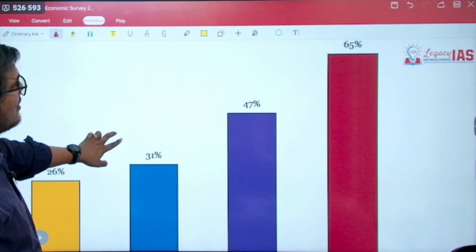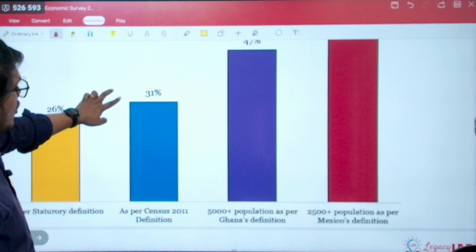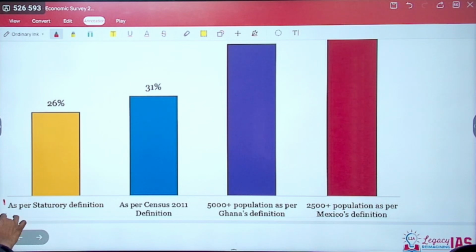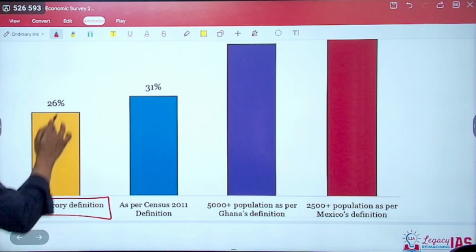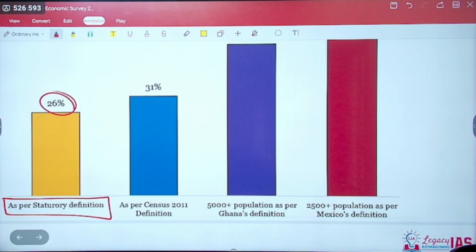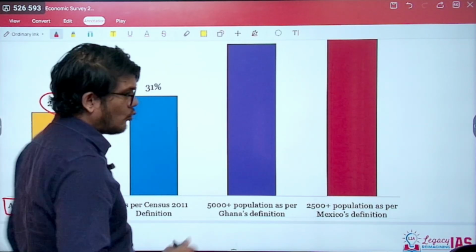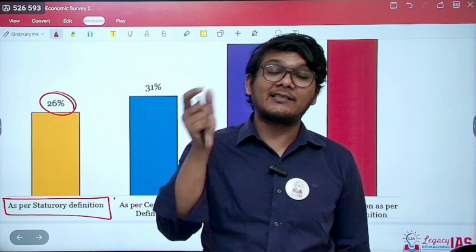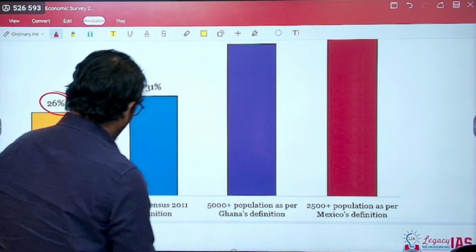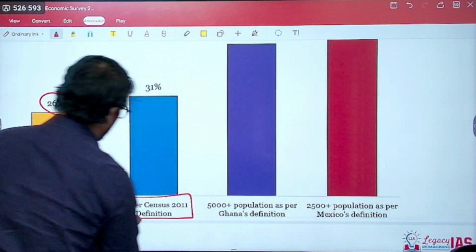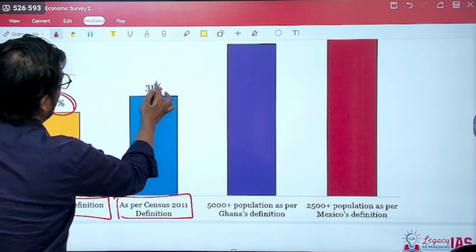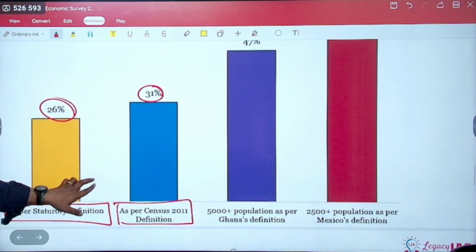This is that histogram. As per our statutory definition, this is urbanization in India. As per the census, there are two, one is the statutory and one is the census town definition. According to the census town definition 2011, we just saw that the urbanization is 31%.